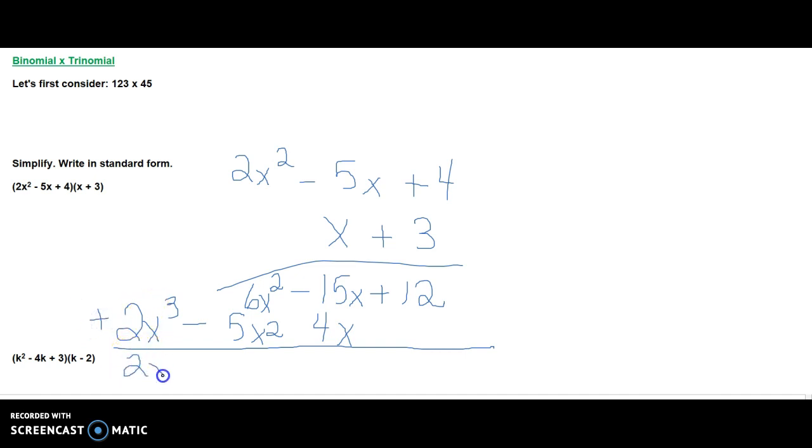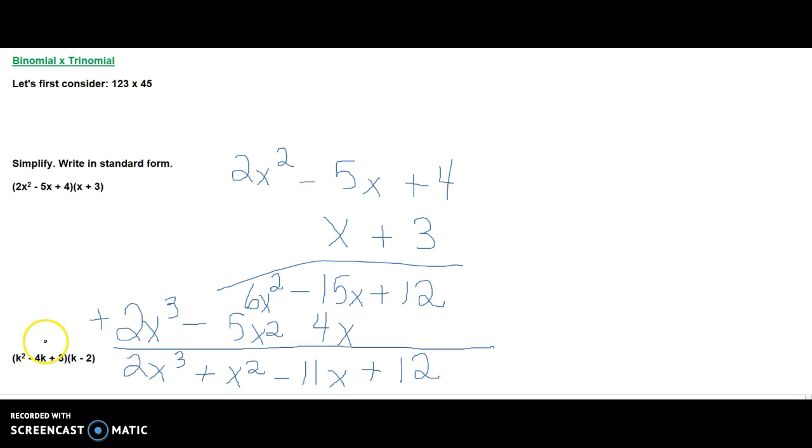So we get 2x cubed. 6x squared minus 5x squared is x squared. -15x plus 4x is minus 11x. And then plus 12. So our final answer is already in standard form.